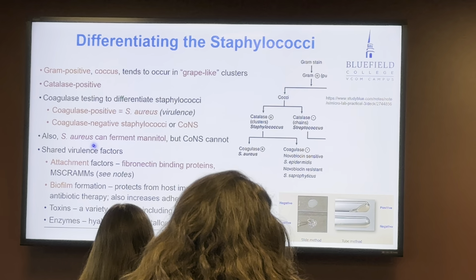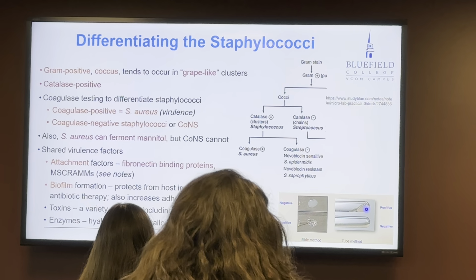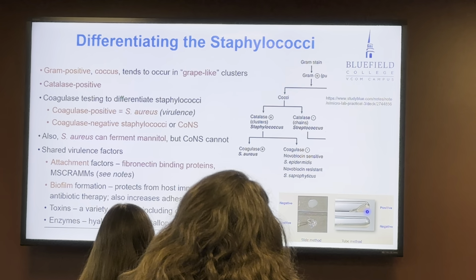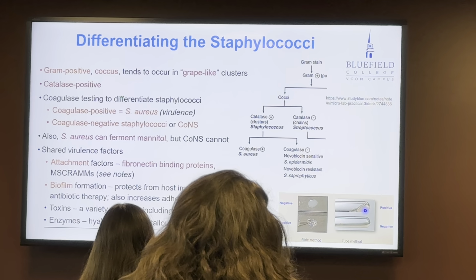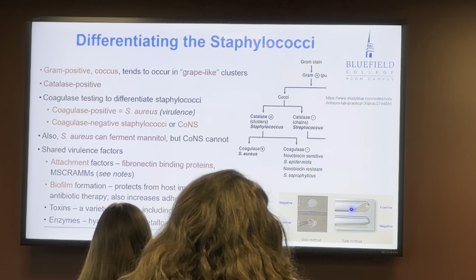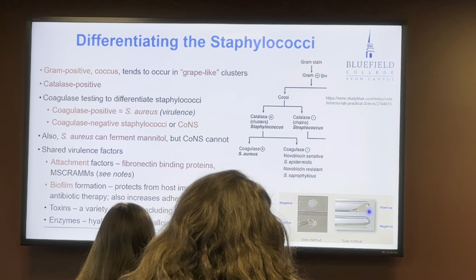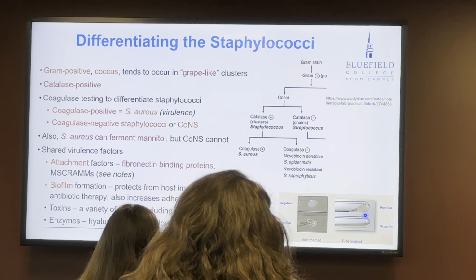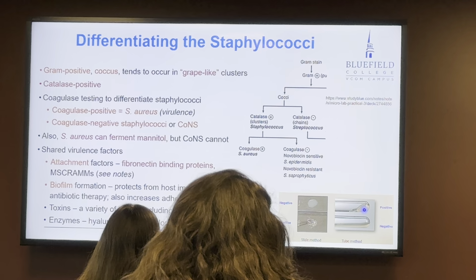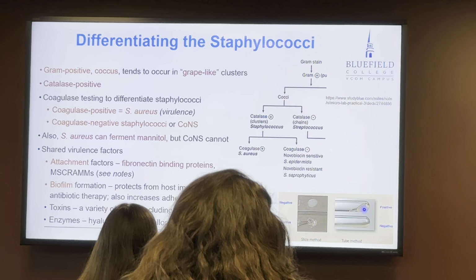All right, and then here's your coagulase test, where if it's coagulase positive, you get that clot. It's not truly a clot because you don't have activation of the clotting cascade, but you get that aggregation of the protein due to all of the fibrinogen in the plasma being cleaved and bound by the bacteria.